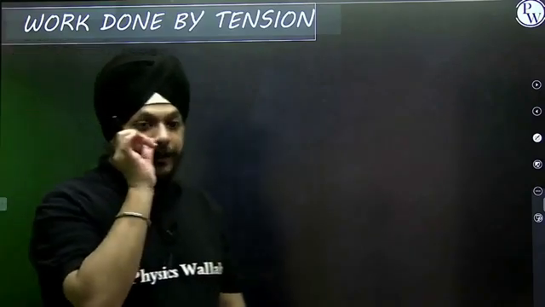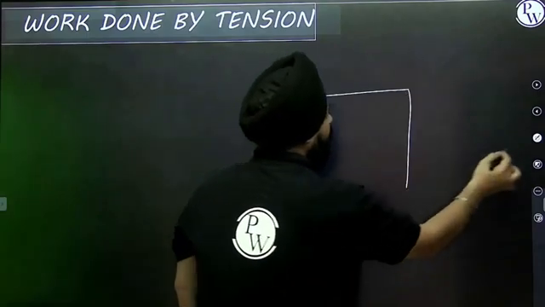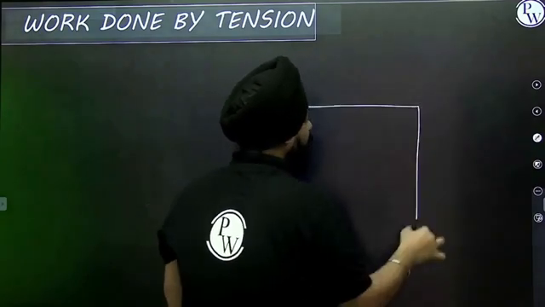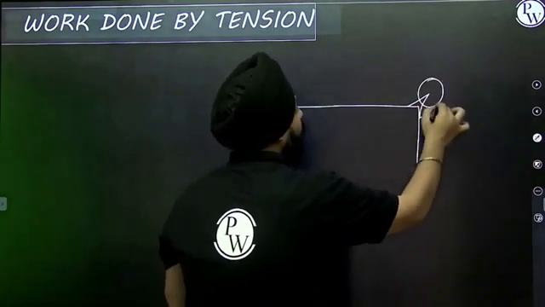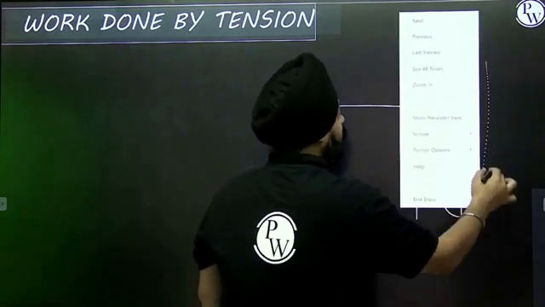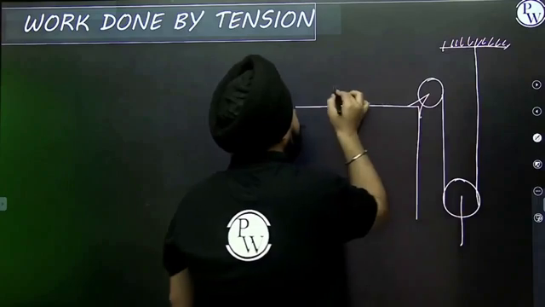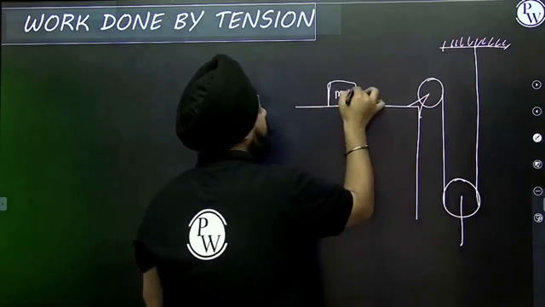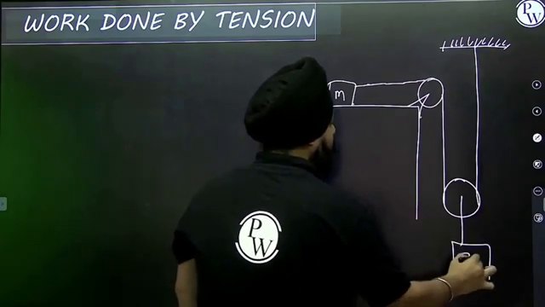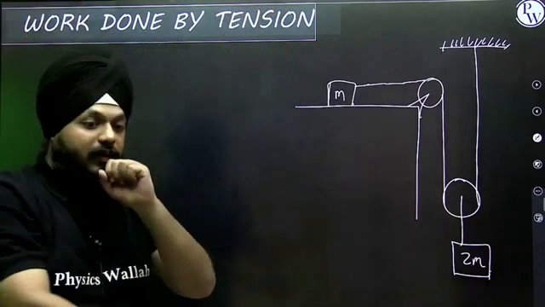Work done by tension. First of all, let's have this example, right? Suppose this is a pulley. This kind of system is given, right?